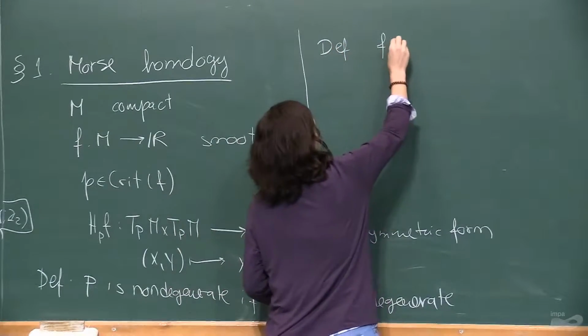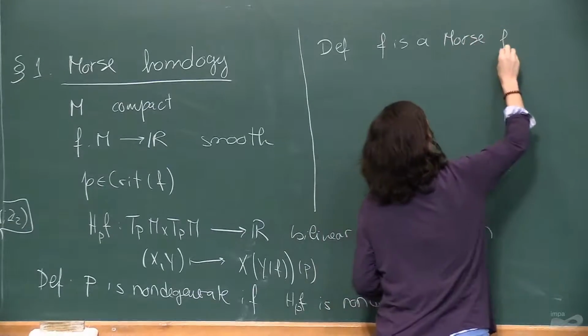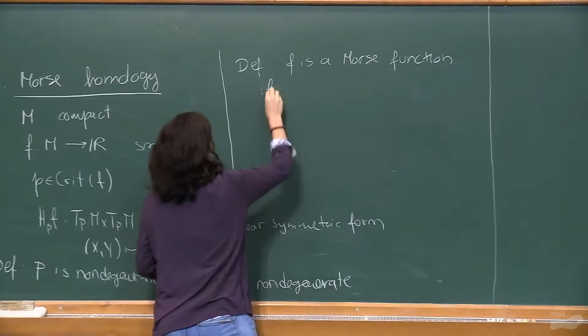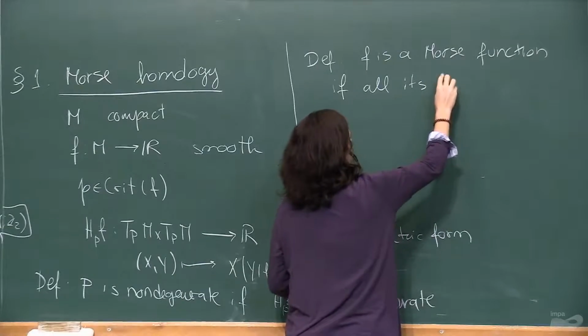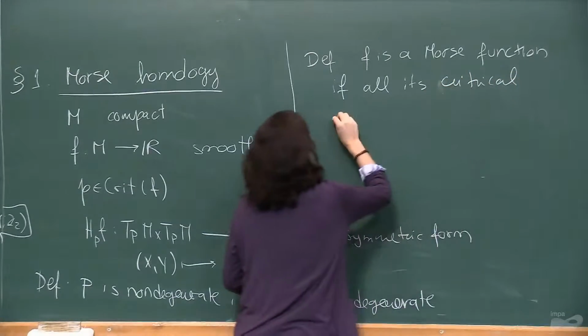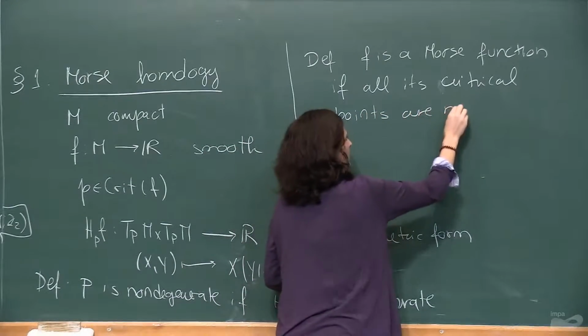that f is a Morse function if all its critical points are non-degenerate.